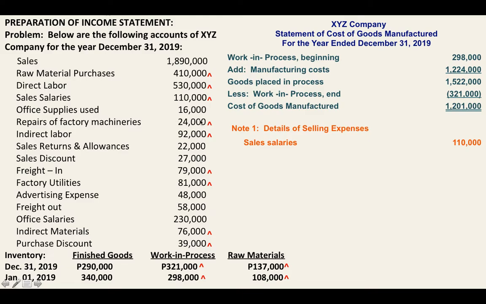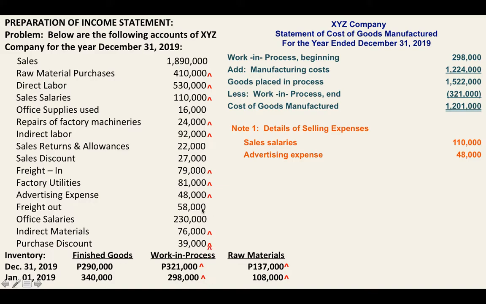Office supplies, that's administration. Sales return, sales discount, okay, those are not to be included in our selling expenses because sales returns and sales discounts will be deducted from sales. Advertising, okay, that's part of the selling expenses.